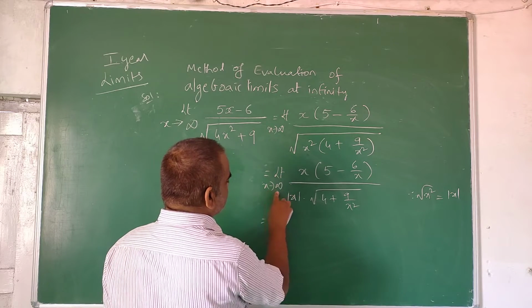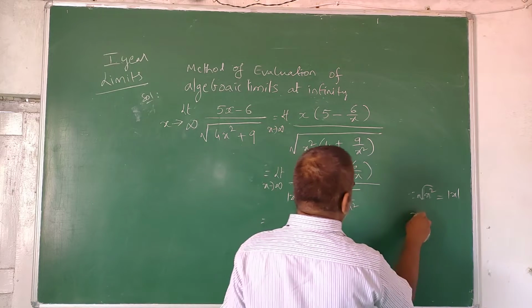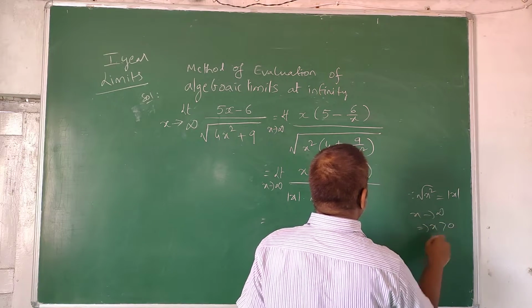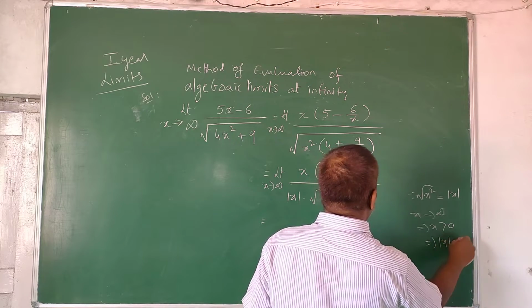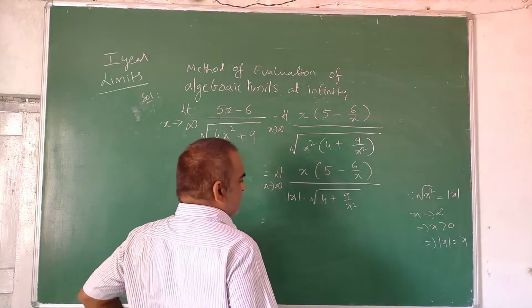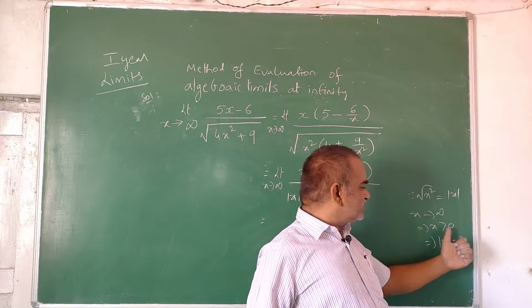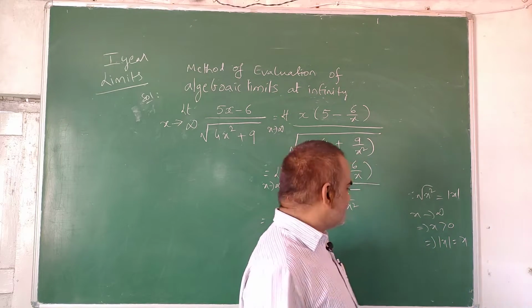Here x tends to infinity means x is greater than 0. When x is greater than 0, mod x will be equal to x.